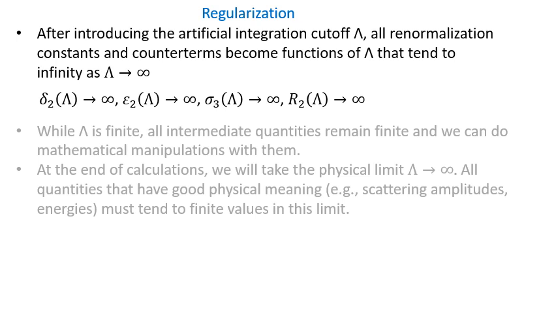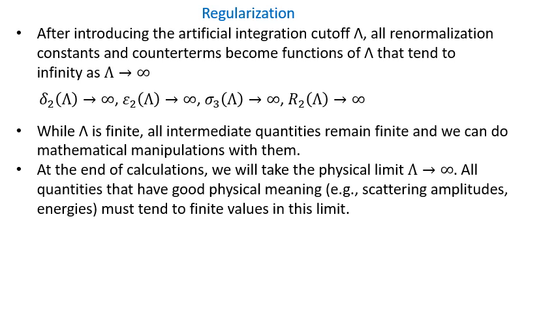After we cut all our momentum integrals by the radius lambda, all relevant quantities become functions of this cutoff parameter. Of course, renormalization constants and counterterms tend to infinity at large values of lambda. But while lambda is finite, all quantities remain finite as well, and we can do sensible mathematical operations with them.